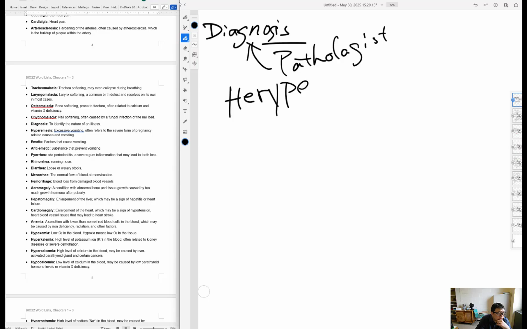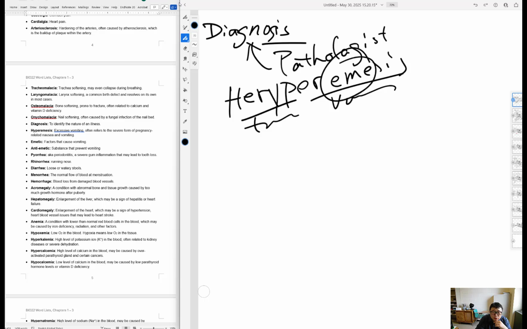Emesis. Hyperemesis is too much vomiting, and it's often referred to in people with pregnancy. Normally, pregnant women feel nausea, but too much vomiting is hyperemesis.